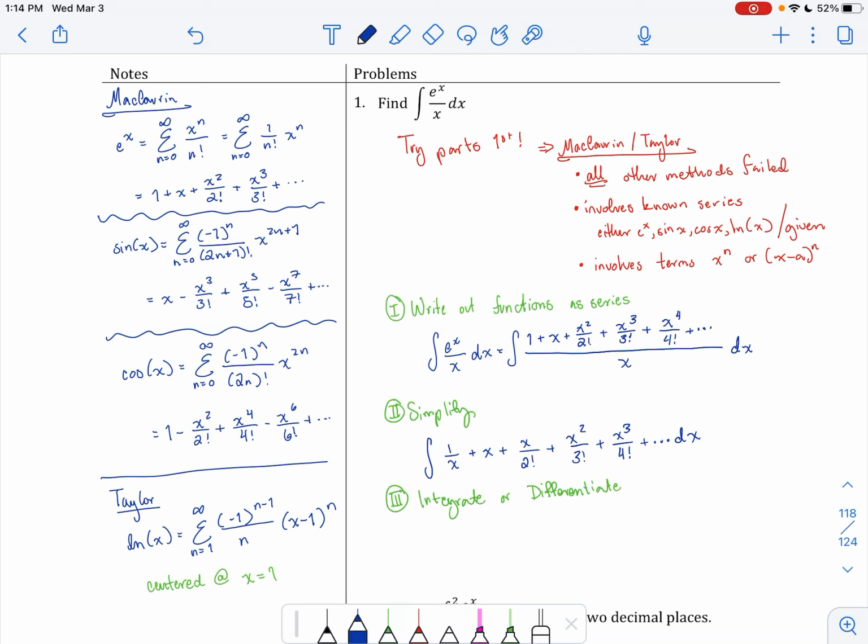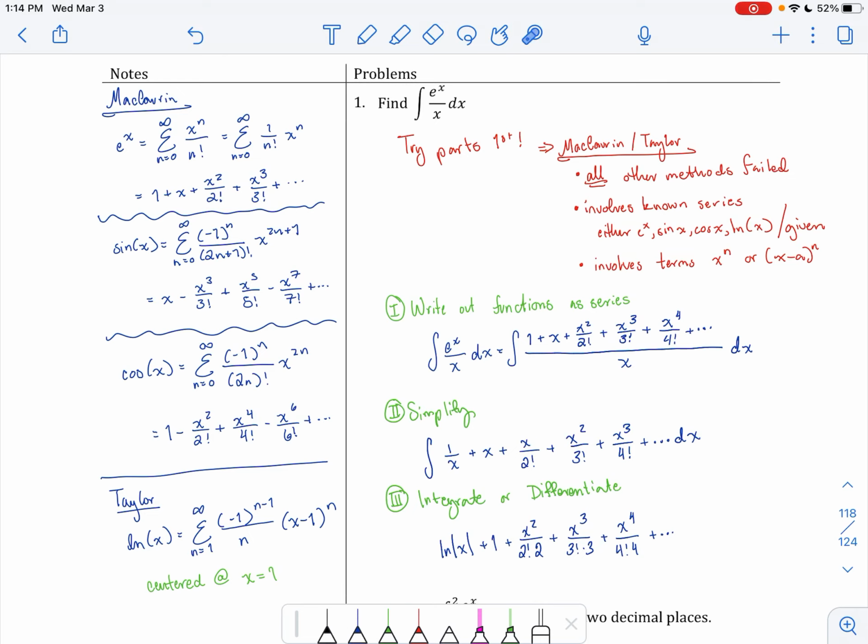So here, 1 over x is ln of x plus 1 plus x squared over 2 factorial times a half, so I'm just going to put times 2 in the denominator, plus x to the third over 3 factorial times 3, plus x to the fourth over 4 factorial, 4, so on and so on.